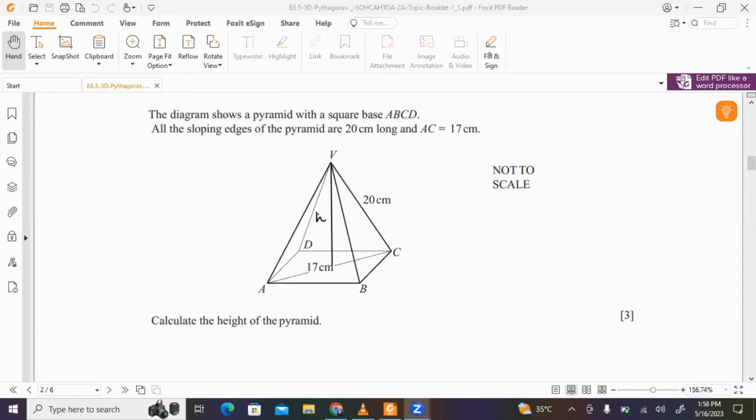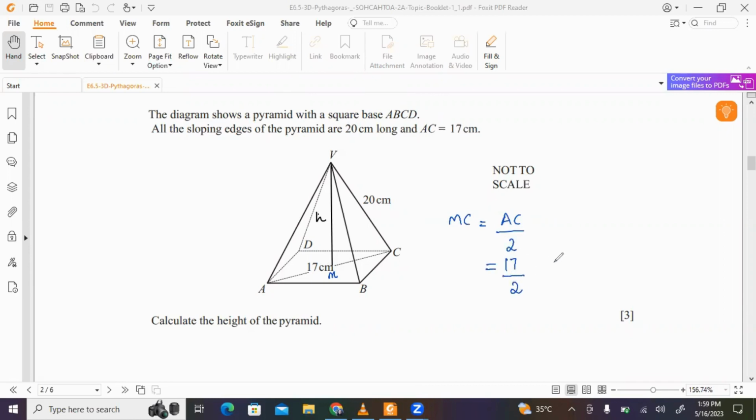So what I'm going to do is first calculate this length. If we call this M, which is the midpoint of AC, and AC is 17, MC is going to be half of AC.